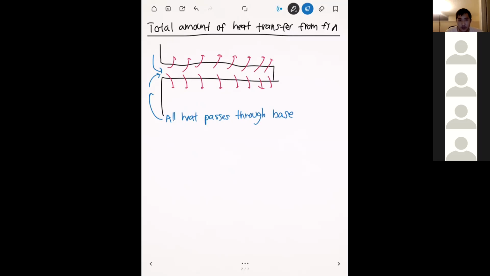There's no way for the fin to lose energy otherwise, because the fin is a passive structure. The fin isn't producing any heat, so we know thermal generation is 0 within the fin. And so any heat that exits from the fin has to pass through the base at some point. So to compute the total amount of heat transfer from the fin, all we have to do is compute the conduction heat transfer at the base.